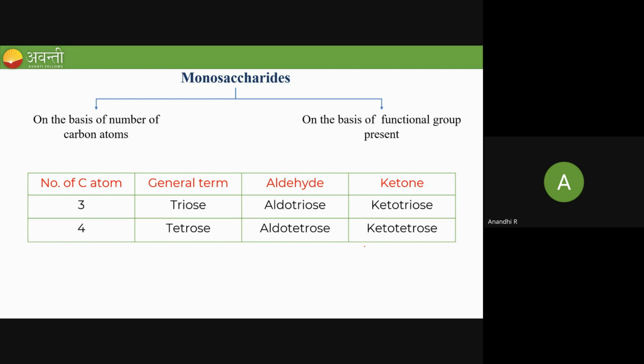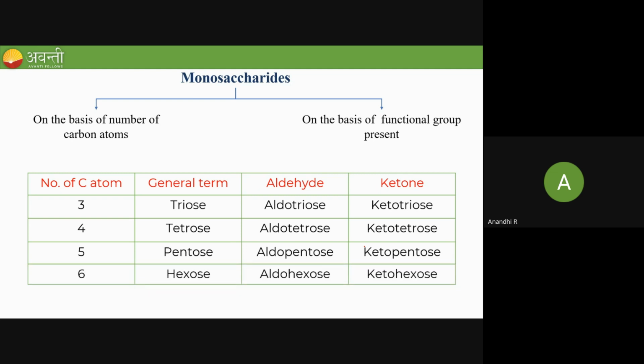If 4 carbon atoms, it is a tetrose: aldotetrose, ketotetrose. For 5 carbons, aldopentose and ketopentose. For a 6 carbon system, aldohexose or ketohexose.